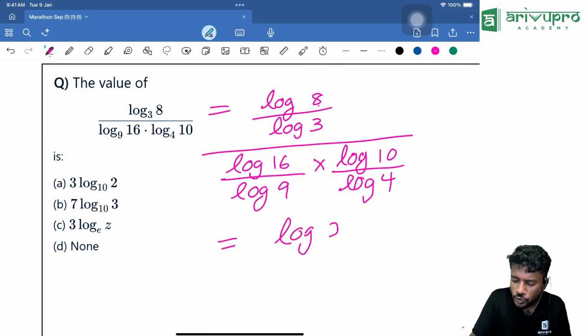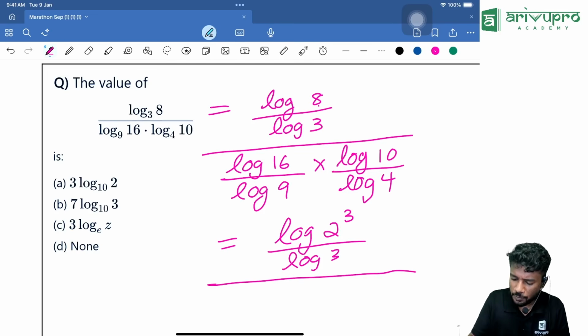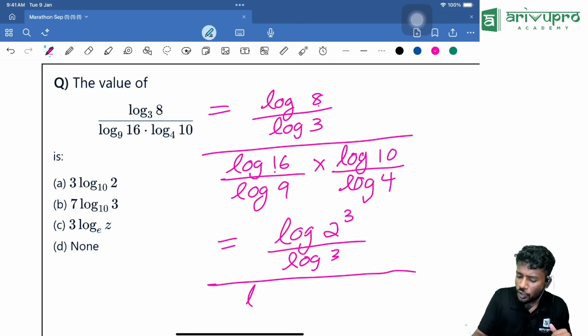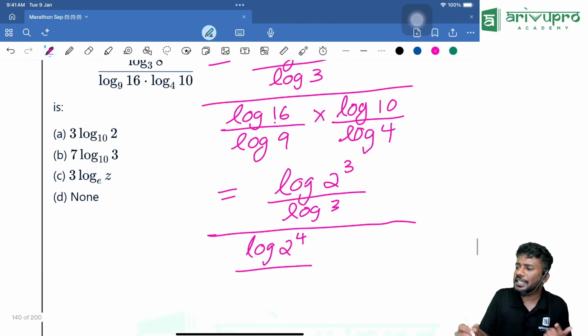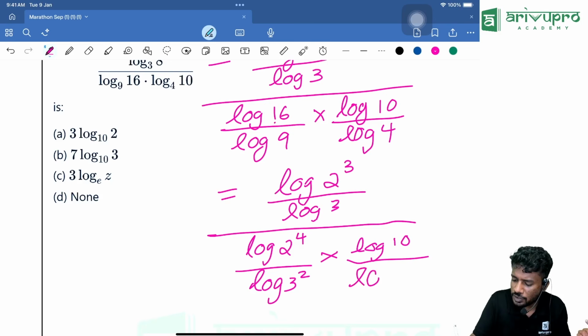Log of 2 raised to 3 divided by log 3, anyway, it is not going to change, divided by 16 in terms of 2, log of 2 raised to 4, divided by 9 in terms of 3, 3 square, into log 10. Anyway, we cannot change that, let it be there like that. Then what is remaining? Log 2 square.